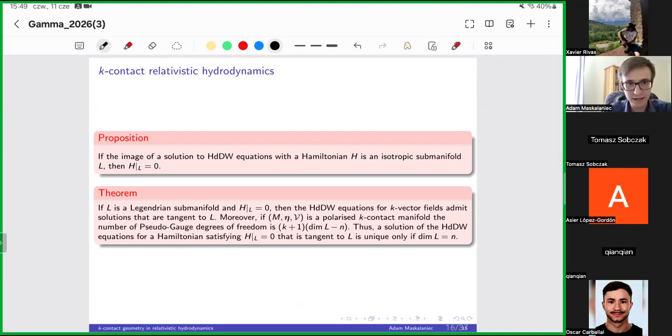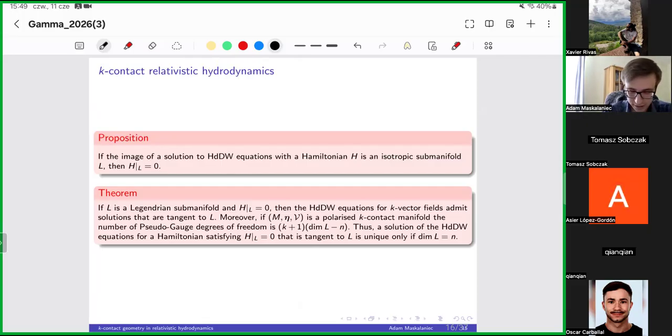So if we modify the energy momentum tensor, some physical properties of our fluid, such as viscosity, might change, and it is possible to measure it. So therefore, we would like to classify those degrees of freedom of our pseudo-gauge transformations.